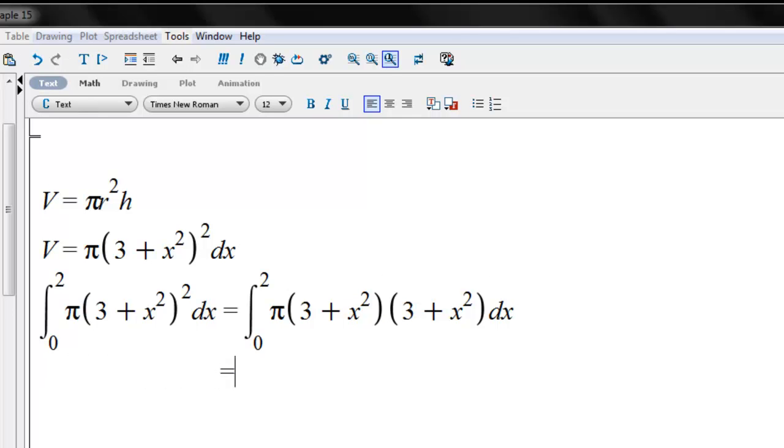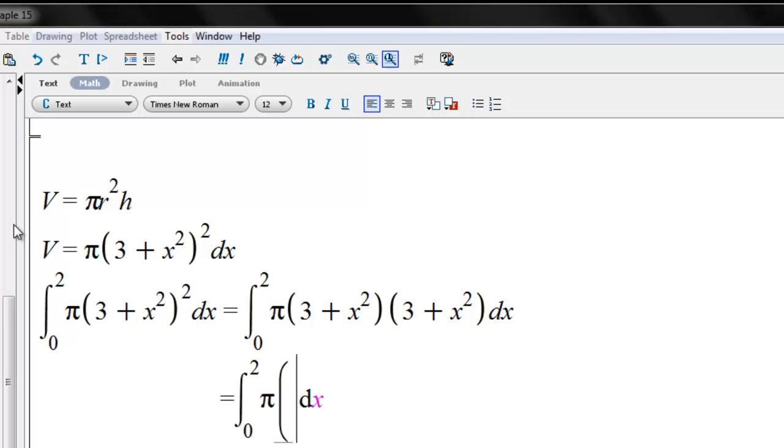And so what are we going to get when we actually multiply out what we have? In the integrand, we're going to have pi times (9 plus 6x squared plus x to the 4th) dx.